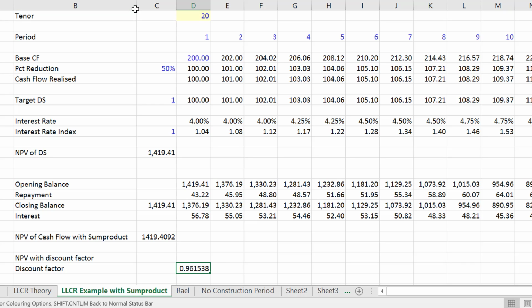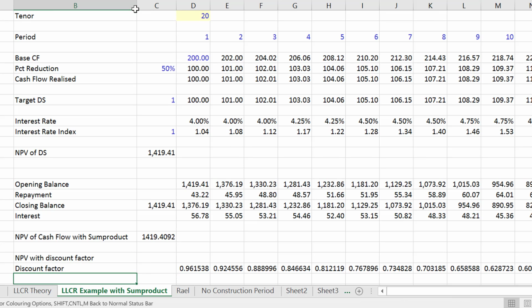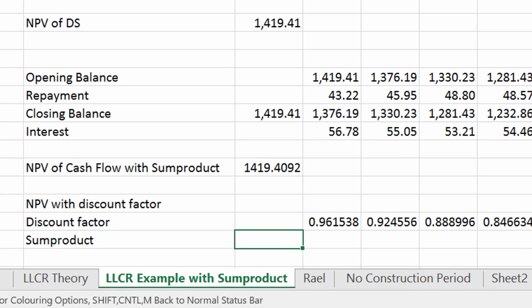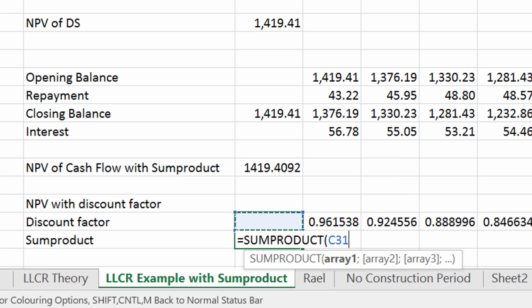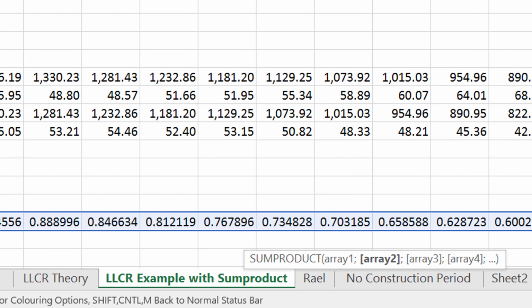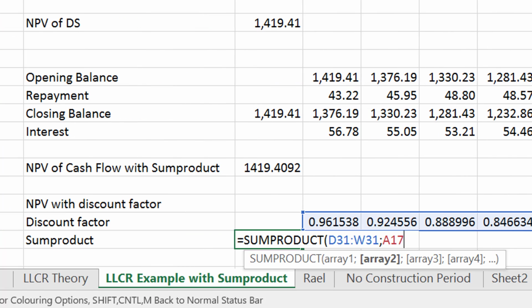Shift Control R, and then we put sum product again. This time you don't divide, you multiply it by the cash flow.